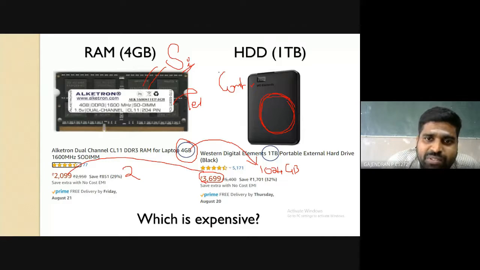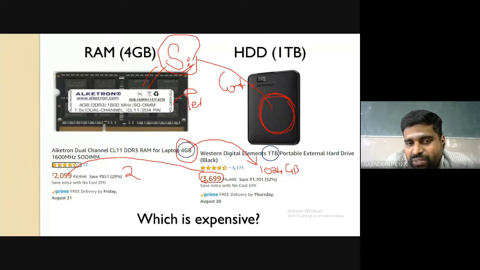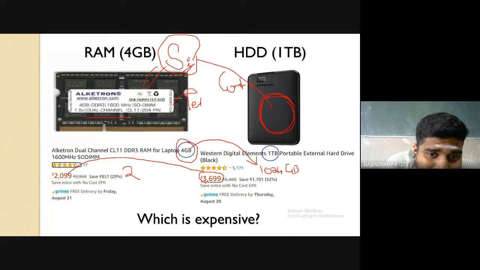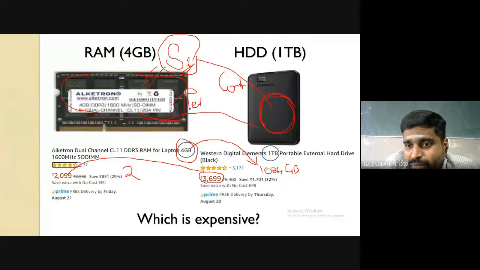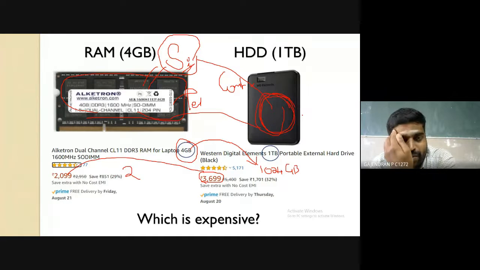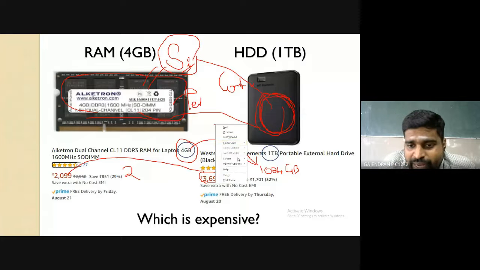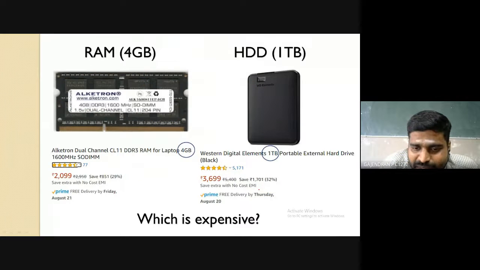So obviously your silicon is costlier than your magnetic disk. So that is the reason why silicon chips are costlier than your magnetic disk or some other memory units. Okay, so the idea behind this depends on the material.